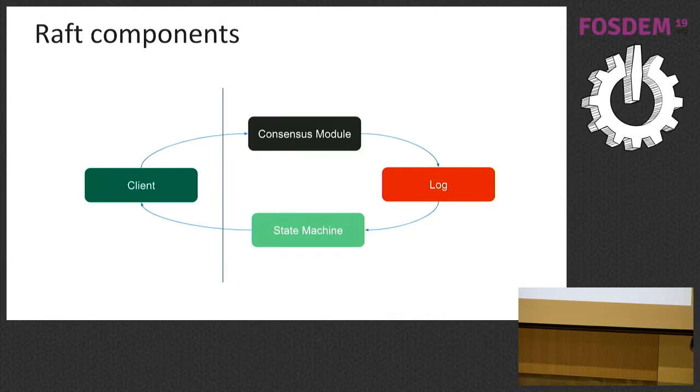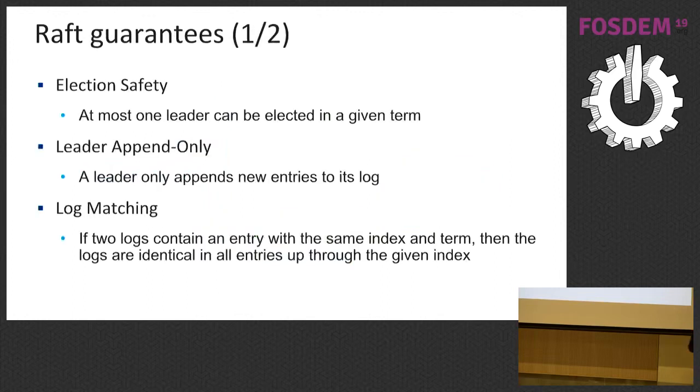And of course, then the client observes the data in the state machine. The algorithm provides a set of guarantees that makes it very understandable. So the election safety guarantee means that at any given time, there is only one leader in the system. The leader is the only replica that can append entries to the log.